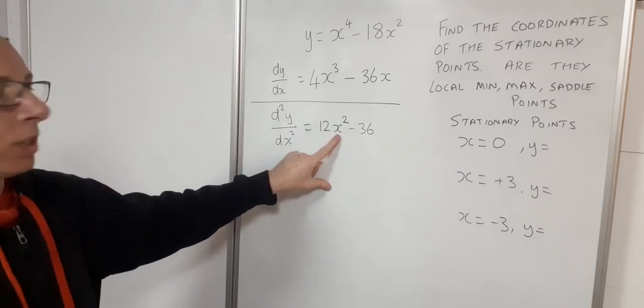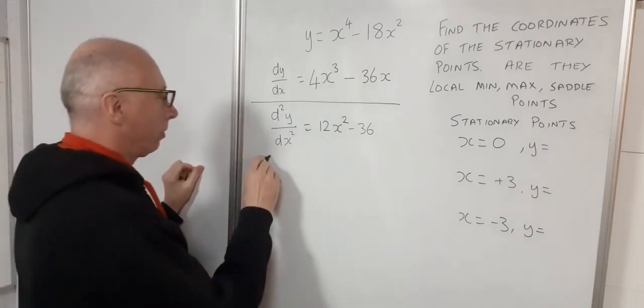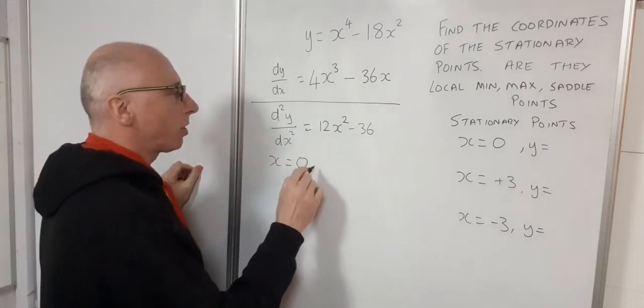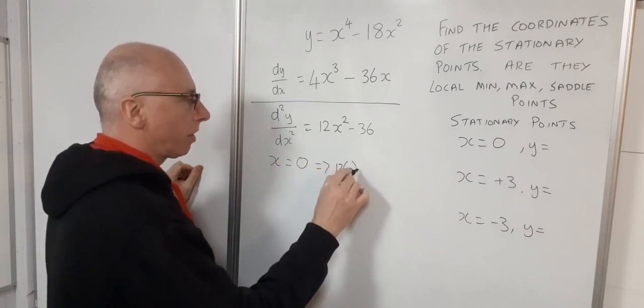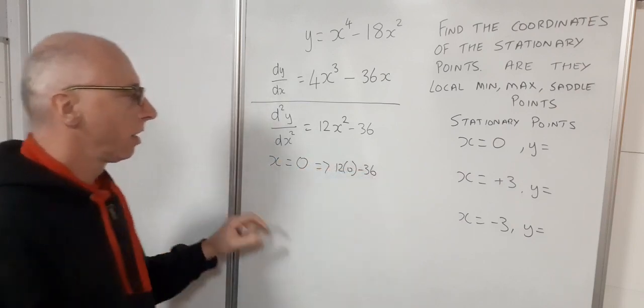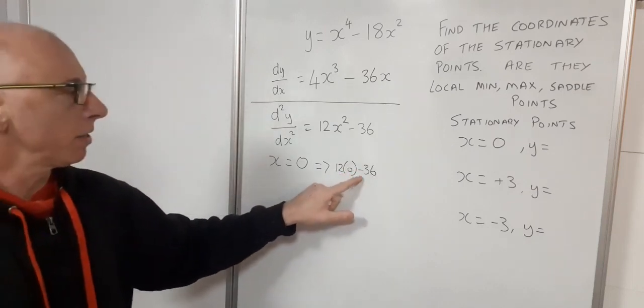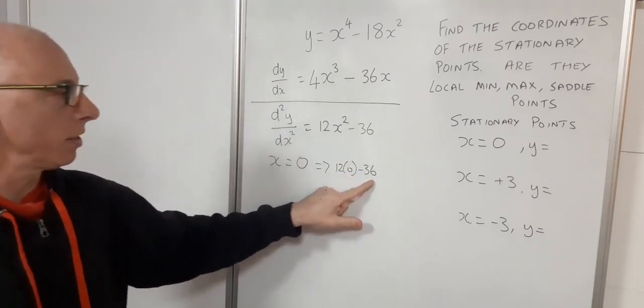So if x equals 0, let's plug in what happens there. If x equals 0, I've got 12 times 0 minus 36. So 12 times 0 is 0, minus 36, I've got minus 36.